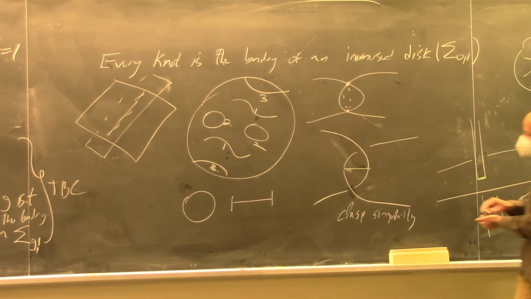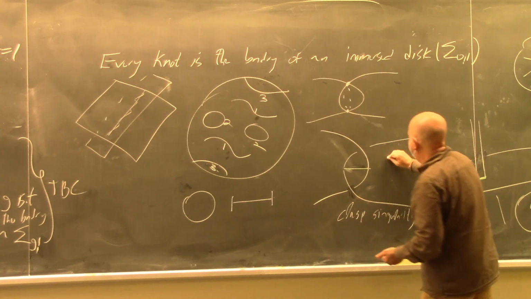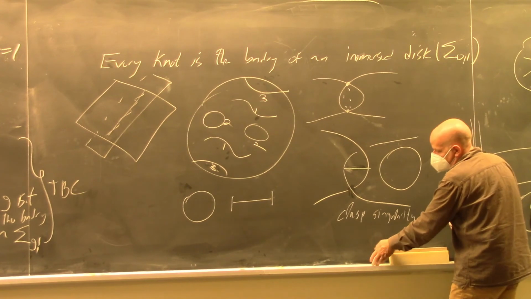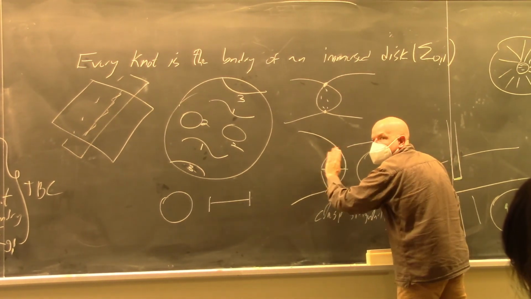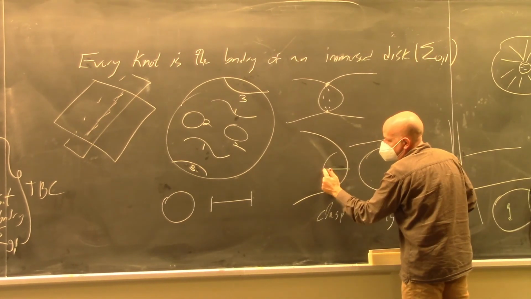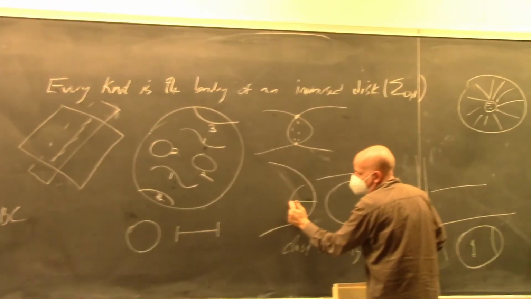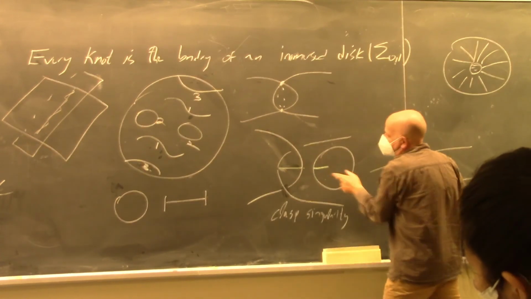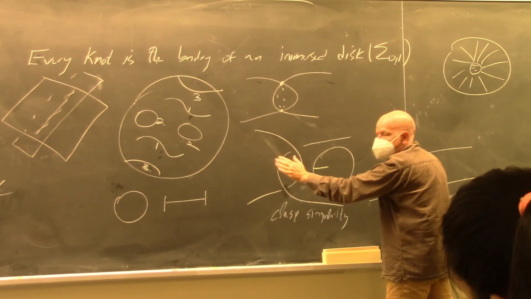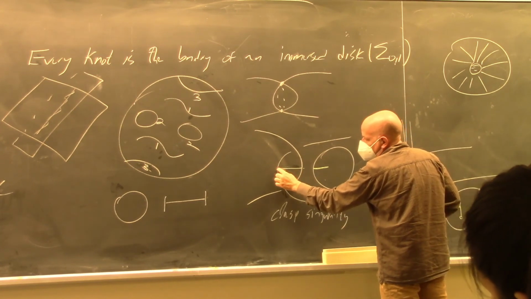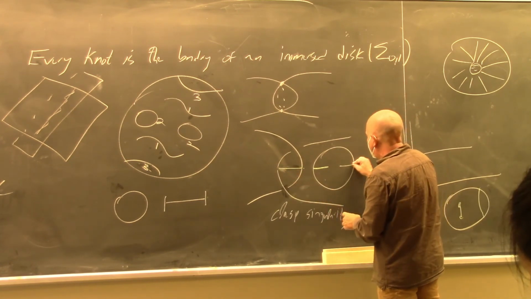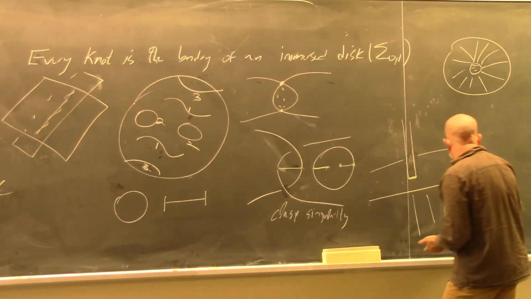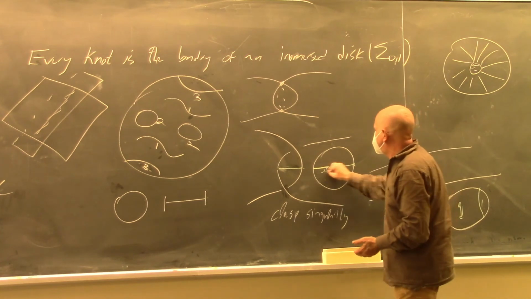Whereas for a clasp singularity, again, the parameter space is a disk, and from the perspective of the left part, this is a line of intersections that goes from an interior point to a boundary point. From the perspective of the right part, again, it's a line that goes from an interior point to a boundary point. So again, it's a line like this. And these two are paired. If this is 1 and this is 1, then this would be 2 and 2.